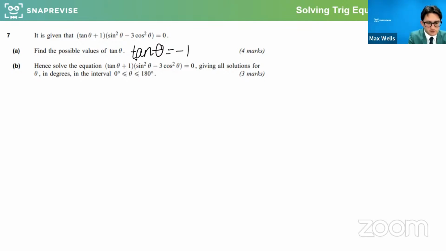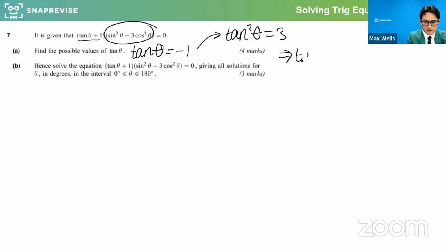So tan theta is -1, solving that bracket. And in a similar way, you could set that bracket equal to 0 and solve for tan, like we've been doing by identities, because you'd get tan squared theta equals 3, which means that tan theta is ±√3. And then from here, you would solve with each of these different solution sets.